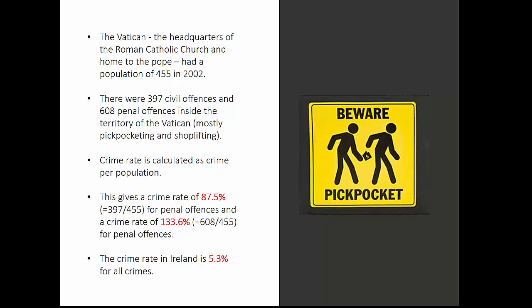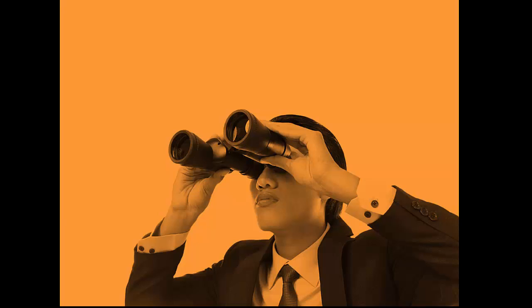That was a startling finding to begin with. I asked you which country has the highest crime rate. You said Mexico, that makes a lot of sense. Then I say, no, it's the Vatican. That's the puzzle. How can that be? And then we need to be systematic in taking these things apart. So we need to be very clear what we are looking at.